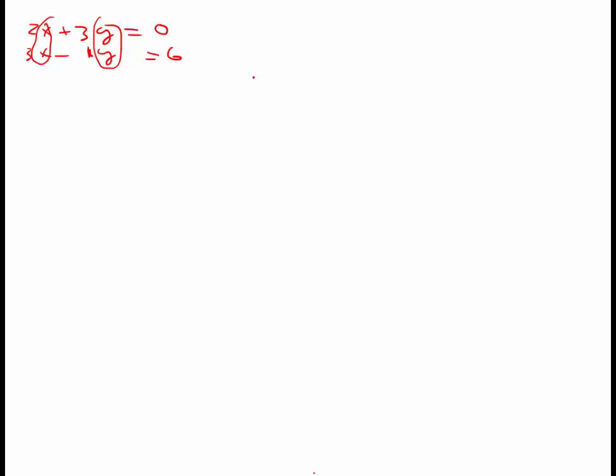So the first one, we had I1 times R1 plus I2 times R2 is equal to E1, right? Now, in this case, if we substitute I1, I1 is equal to I2 plus I3.